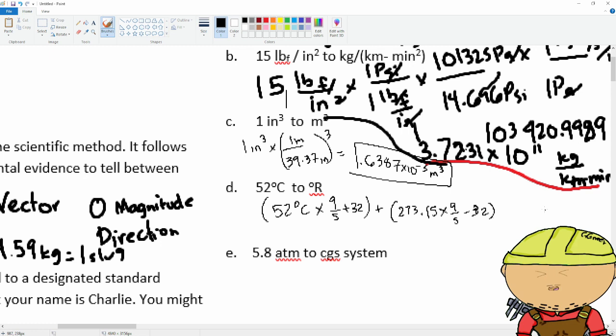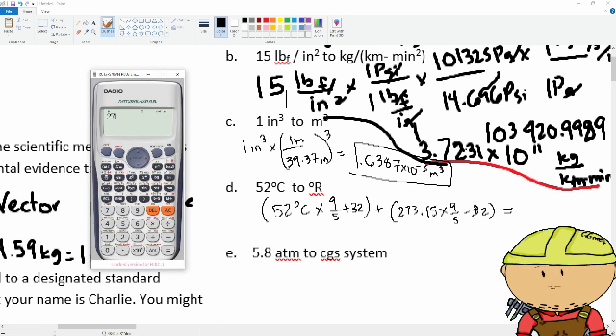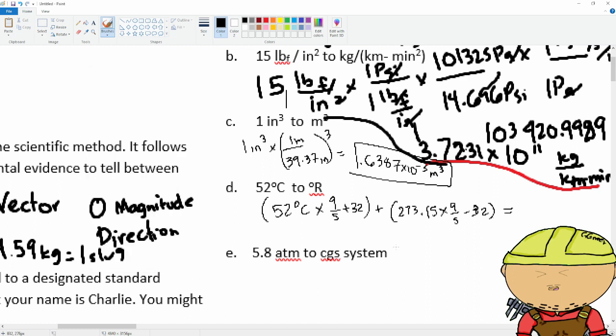So that's the conversion for that. So you convert it to Fahrenheit first. You convert that to Fahrenheit first.